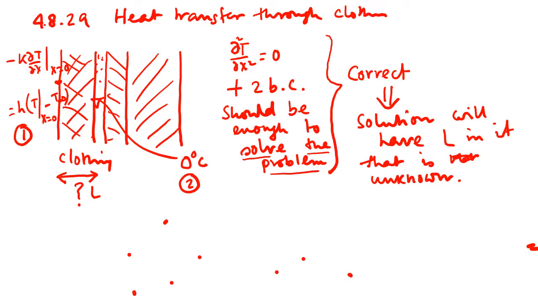They matter because the amount of heat transfer that is going to happen here depends on how much heat can come through this one, this one, this one, and so on, because it's the same heat that has to come through all of the layers. So we cannot just solve for these two layers when this clothing L is unknown.